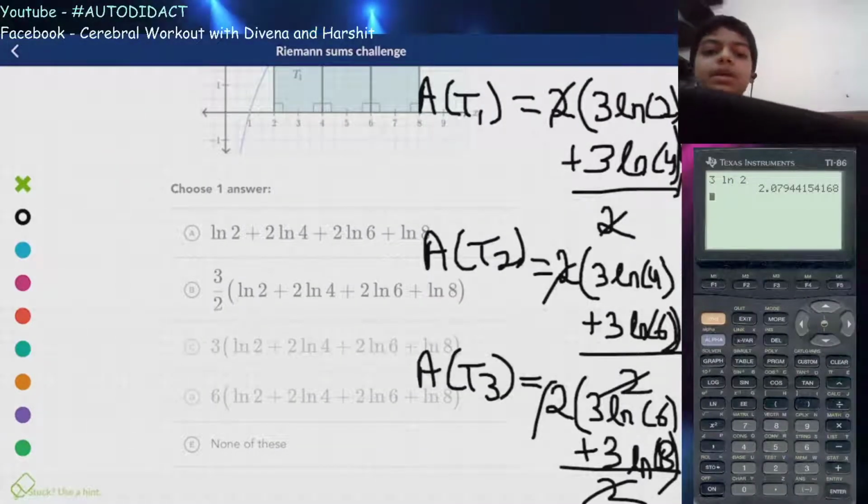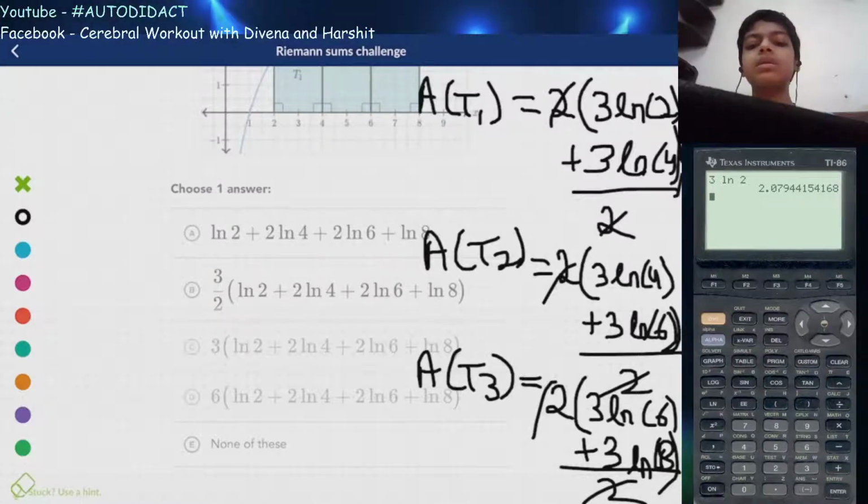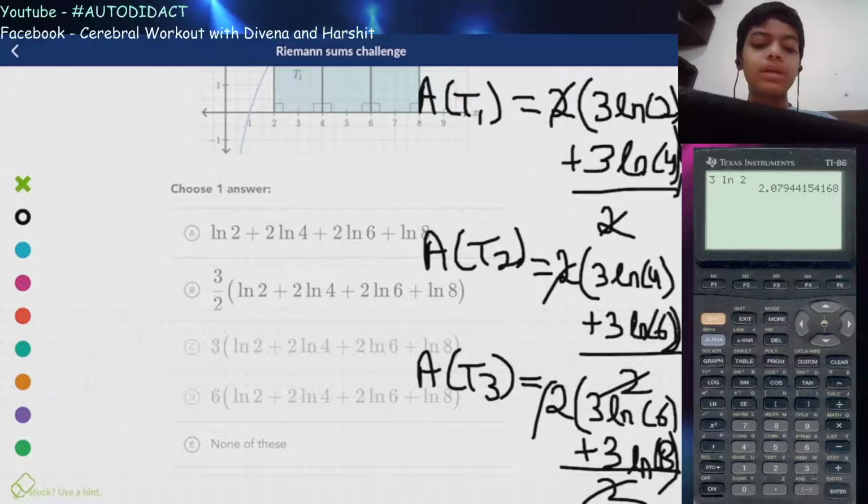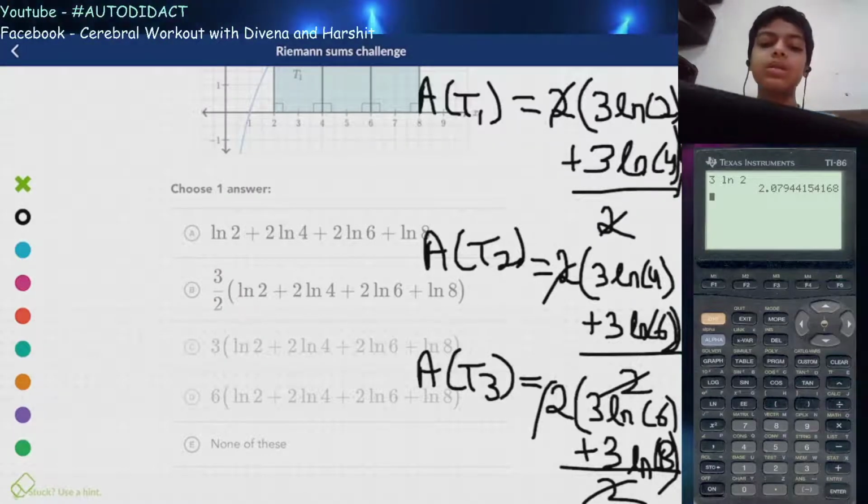So again we are just left with 3 ln of 2 plus 6 ln of 4. We can take a common 3 in all.